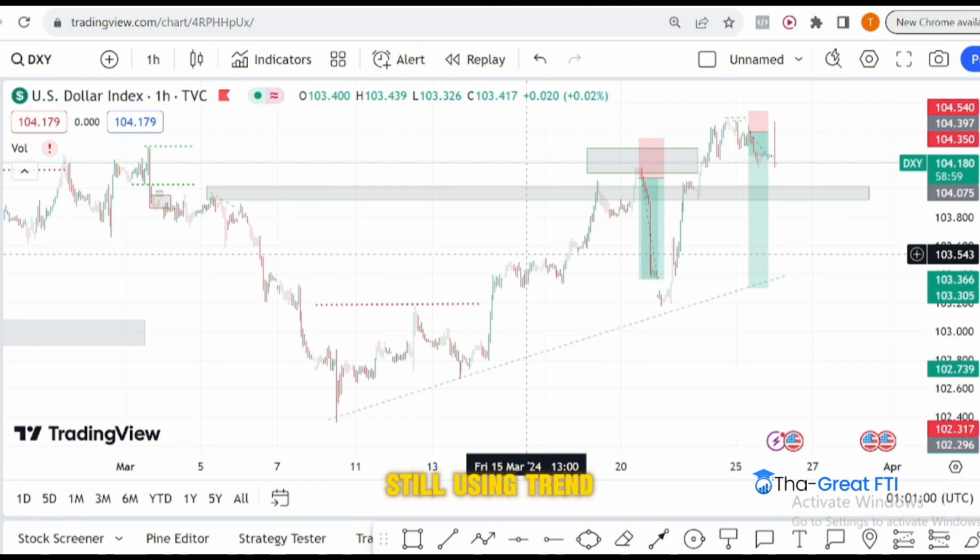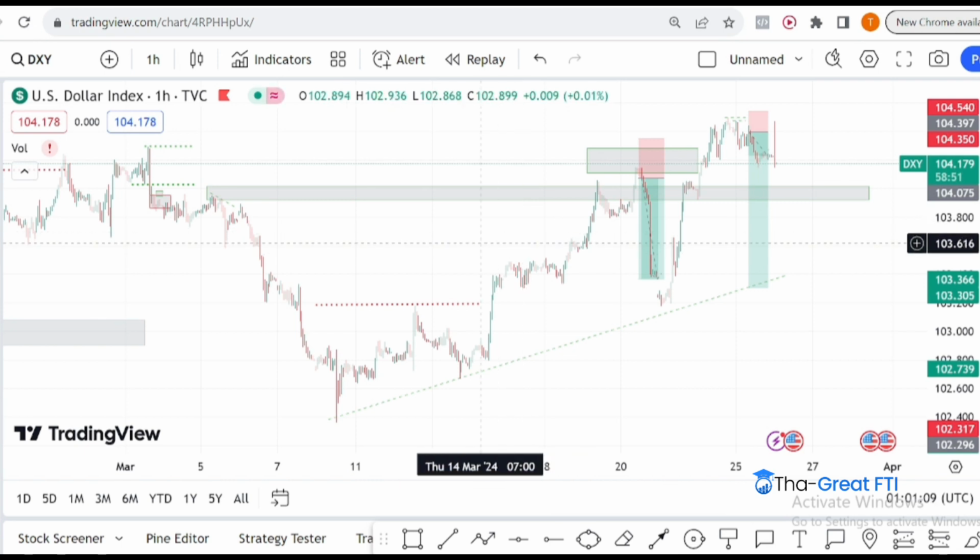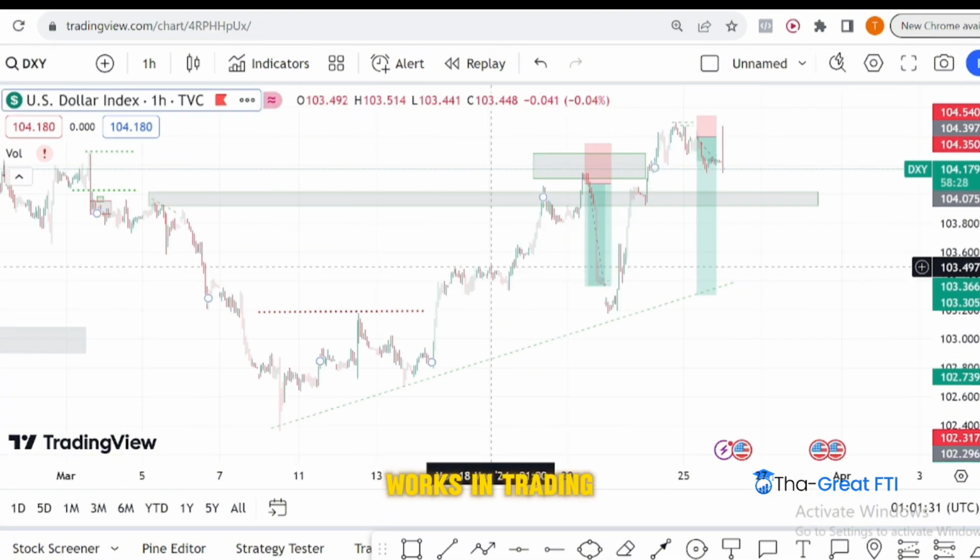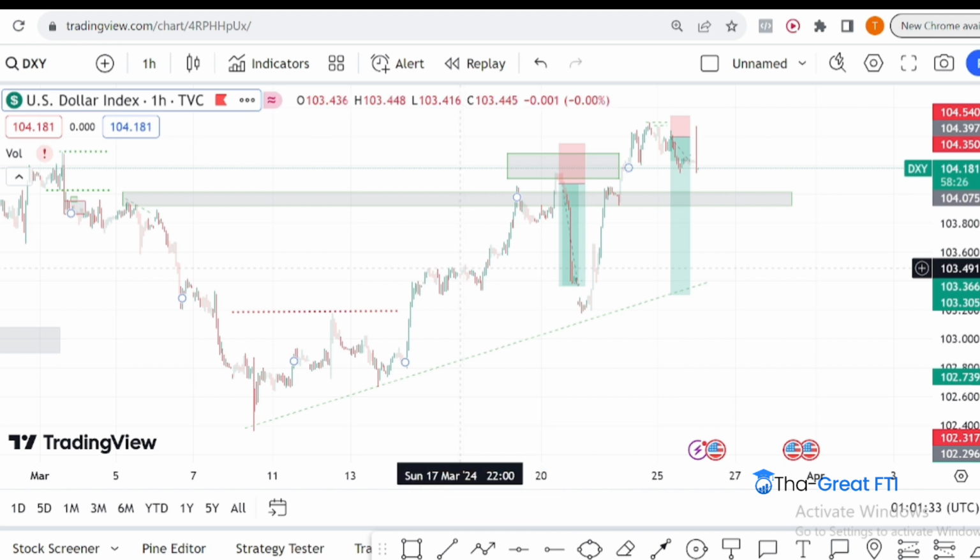If you are still using trend lines, it still works. Just find what works for you and stick to it. And while sticking to it, you have to always know that there's room for learning. You have to always grow your strategy. Everything works in trading. You get what I'm saying?